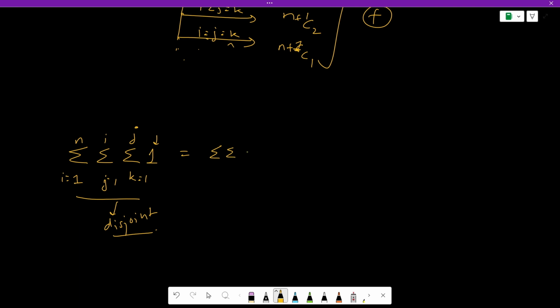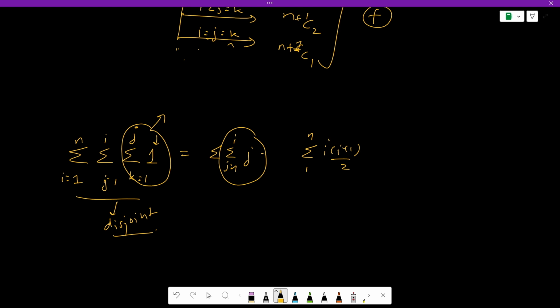It is just a summation, and this one is adding 1 j times, so it will be j, and this is from j equal to 1 to i. Now this is the sum of natural numbers, which is the summation of i into i plus 1 by 2 from 1 to n. Now you can just multiply it and solve it.